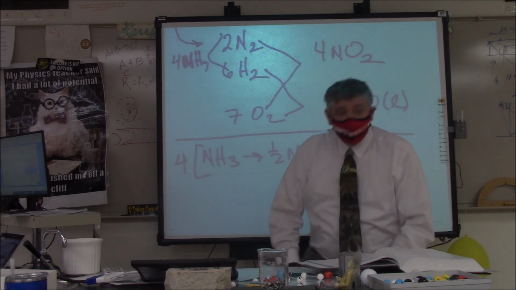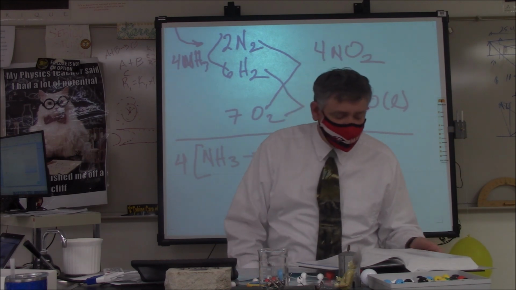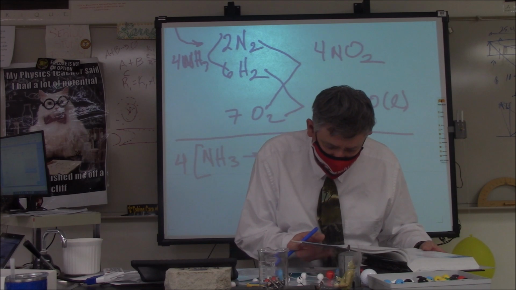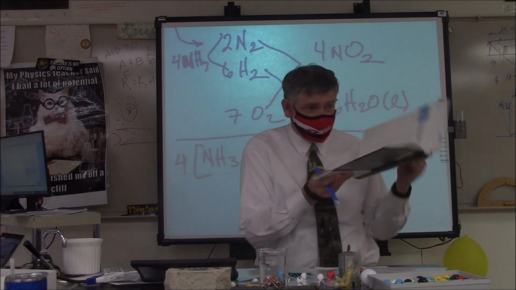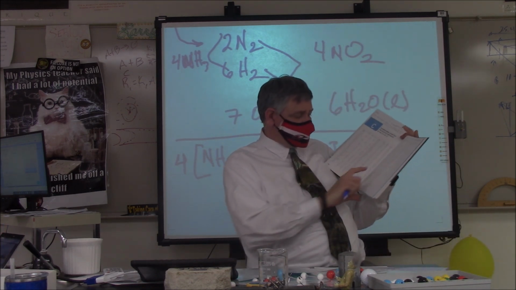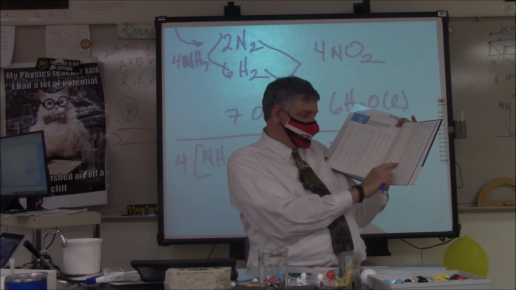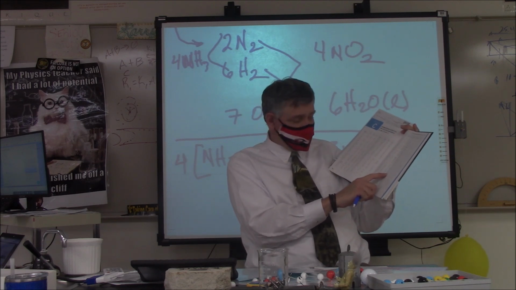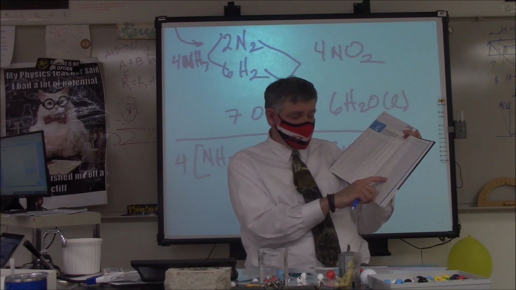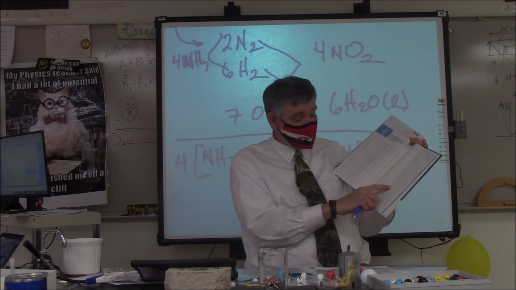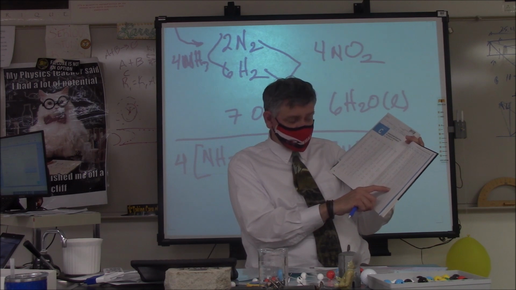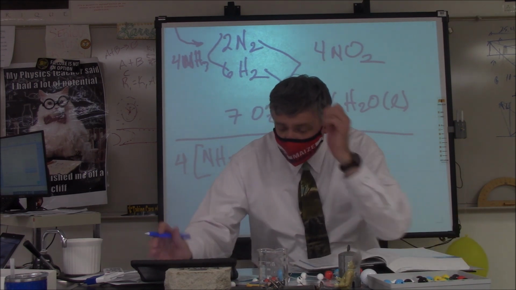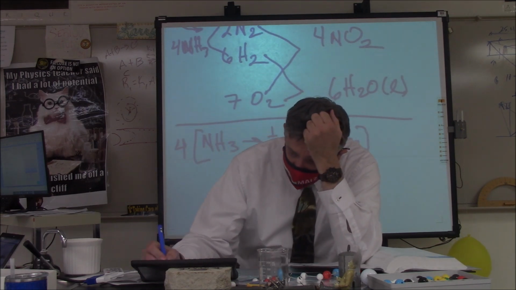Now, if you look on your chart, if you come in here and you find nitrogen, okay? Underneath nitrogen, you have ammonia gas, which is what this is, okay? This isn't ammonia dissolved in water. This is ammonia as a gas. So notice that's negative 46.19. Now, this is what you want to think through.